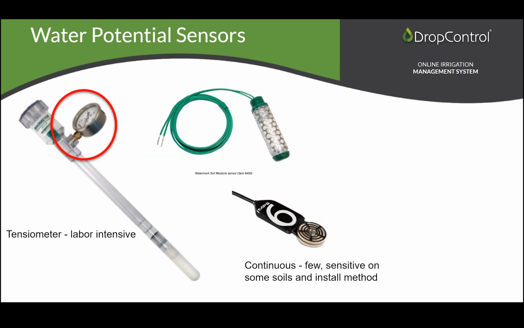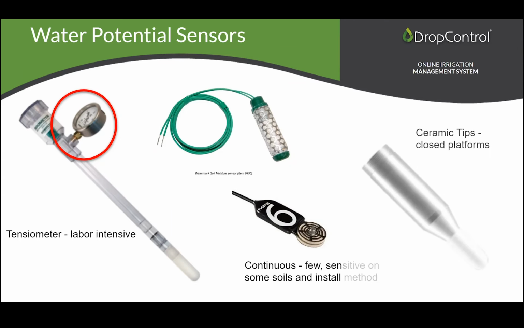And what we've found in our experience is that they're very sensitive to some soils, especially clay soils. If that clay soil dries out, then those sensors detach from the soil, and then you've got to reinstall them. There's no way to get them back running how they should. So again, the continuous objective of reading soil moisture gets affected, or it's inaccurate.